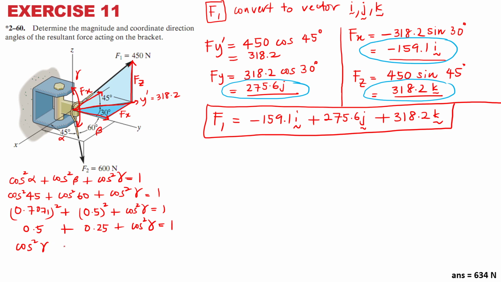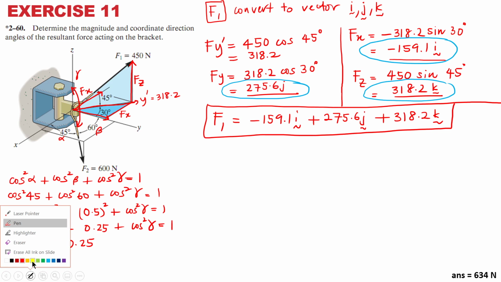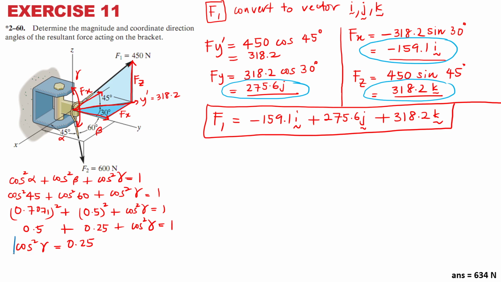Cos squared gamma is equivalent to 1 minus 0.5. You get the point, right? All this you have to bring to the right side. So 1 minus 0.5 minus 0.25. So you're going to get 0.25. So remember, you have to square root on both sides.